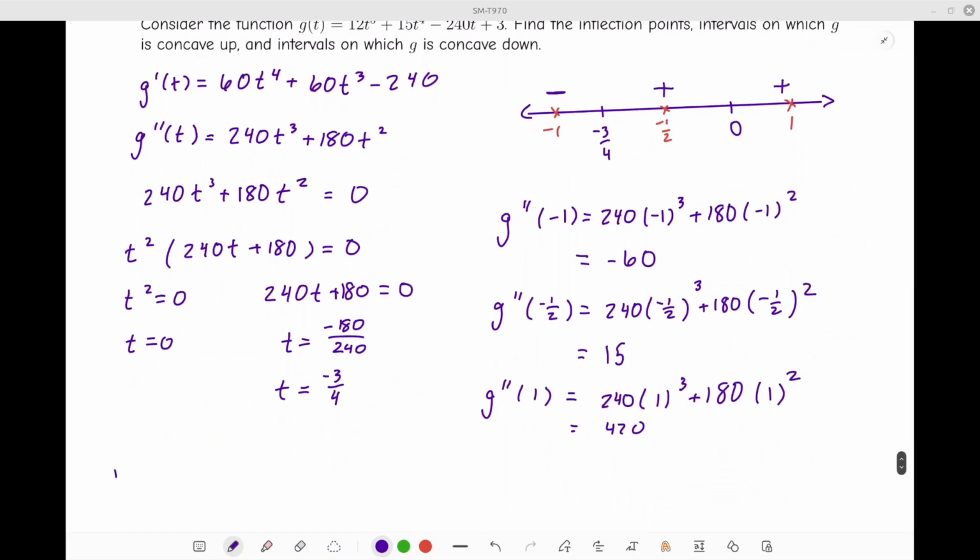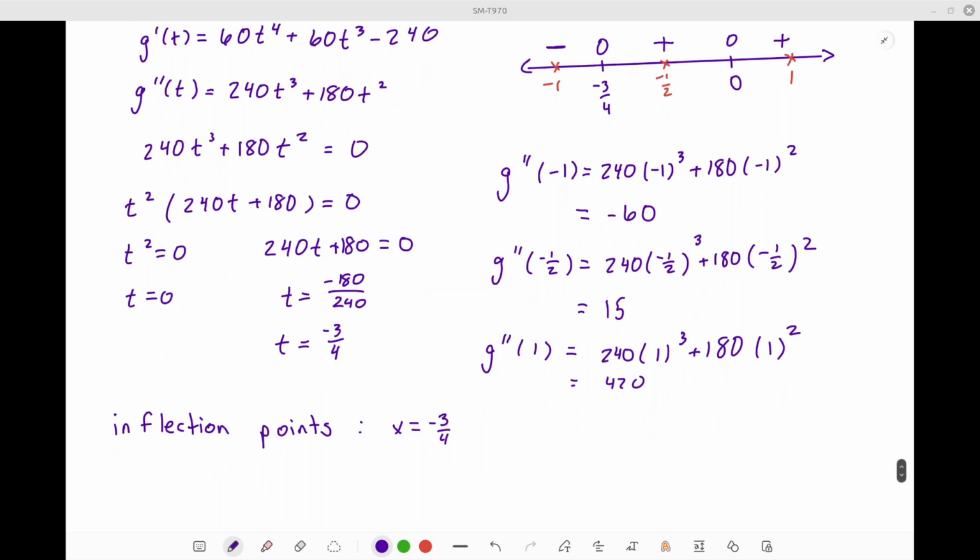So then our inflection points, I forgot, but it's 0 here and 0 there, are only at t equals negative 3/4, because it went from negative on one side to positive on the other. But at 0, because it went from positive to positive, it did not change. We don't consider 0 an inflection point. So we only have one inflection point here.